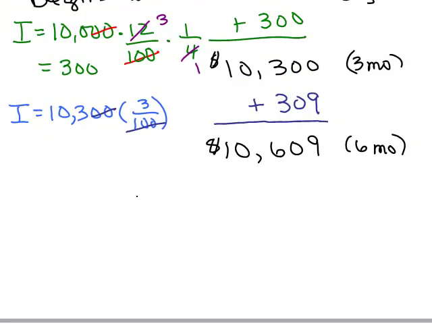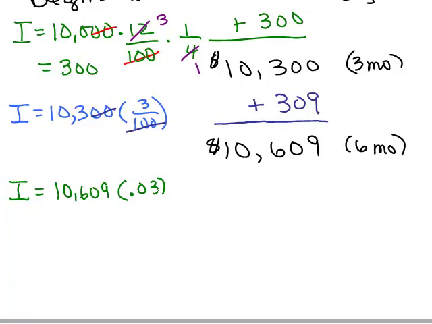Okay, so now we need to figure out the interest here, and I think I'm going to use a calculator this time. So how about I use green again? Just want to vary it. So now the amount of money he has in his account is $10,609. Again, 3% interest. All right, I'm just going to put times 0.03.